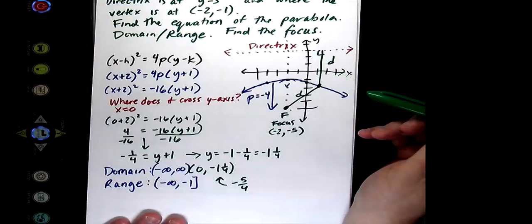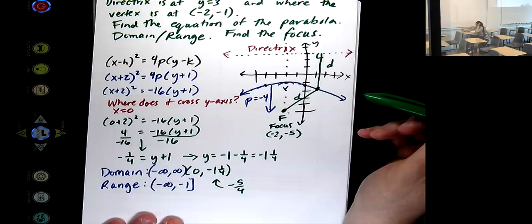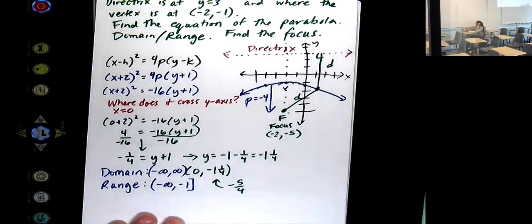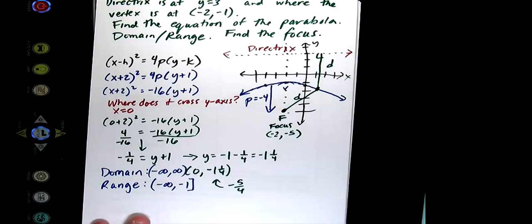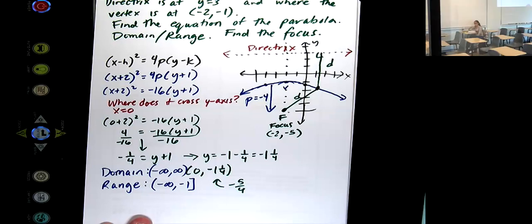Well, okay. So P equals 4, right? Equals -4. Oh, -4. But so the distance from the vertex to the directrix is 4, and the distance from the vertex to the focus is 4. Yes.